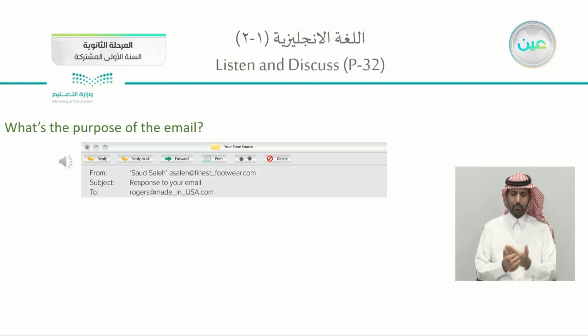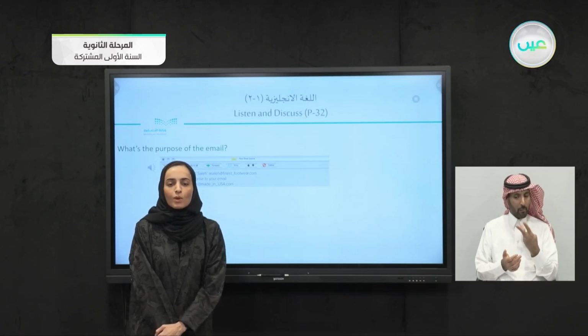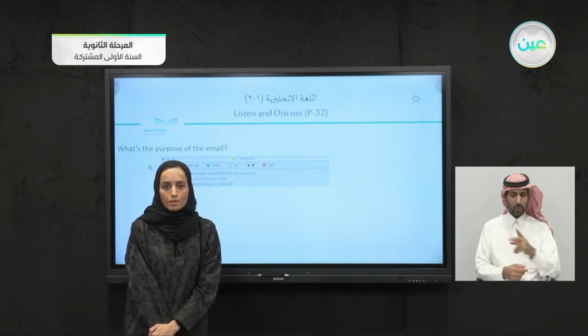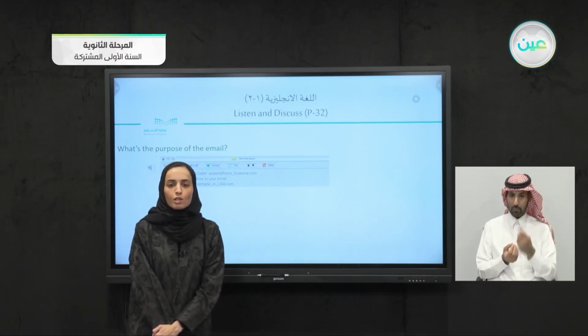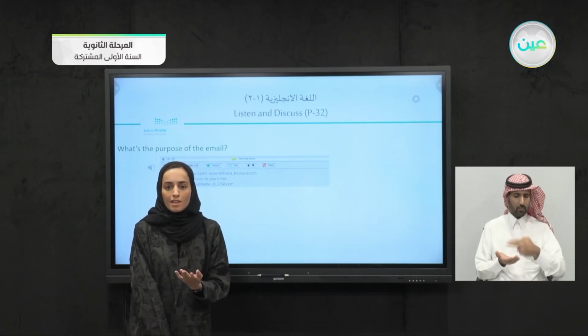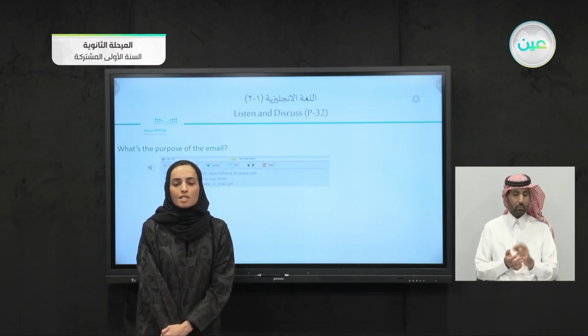Okay, for the lesson today on pages 32 and 33, we've got here how many emails? We have 4 emails. Each one of them is for a different purpose. We're going to read them together. You will read while you're listening, and you will come up with the answer. Who is sending the email, and what is the main purpose?